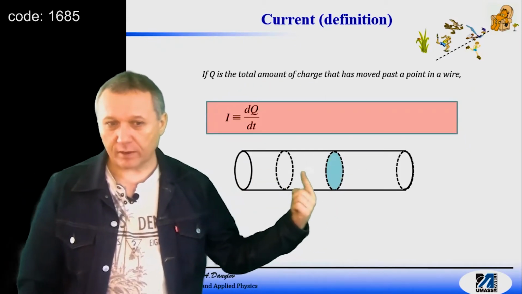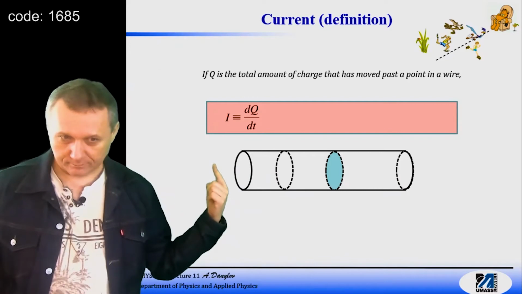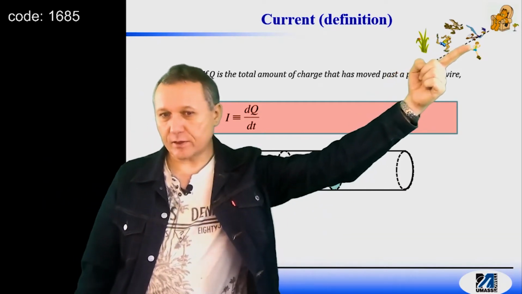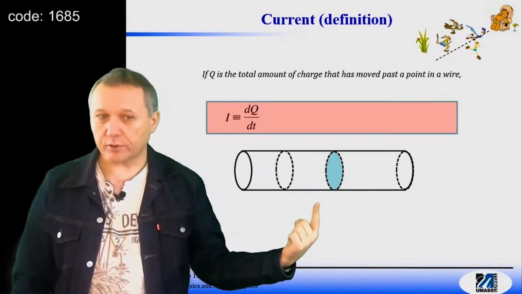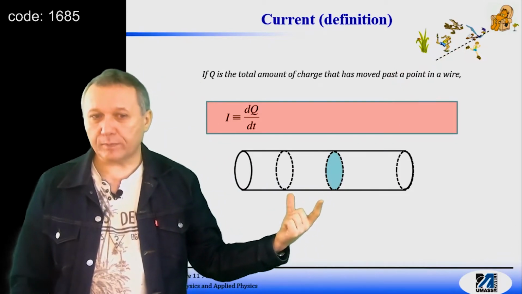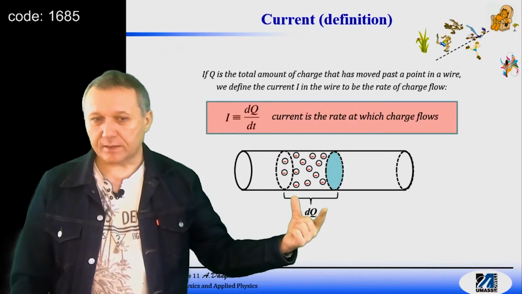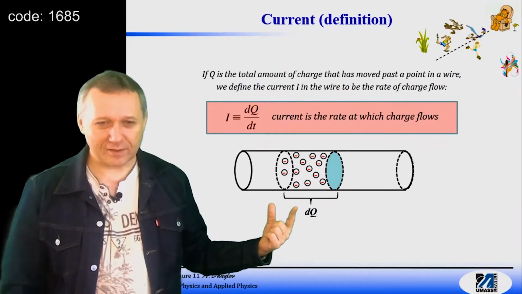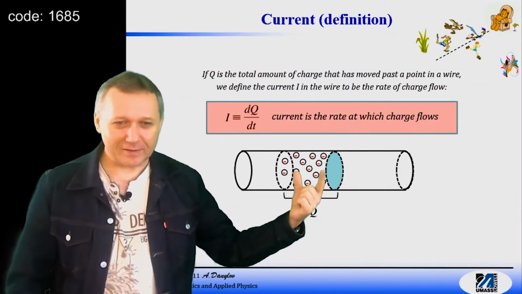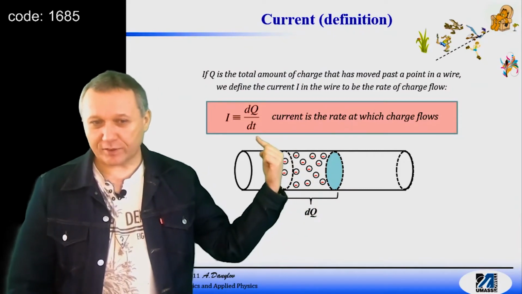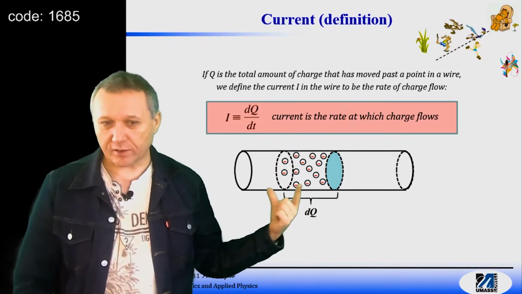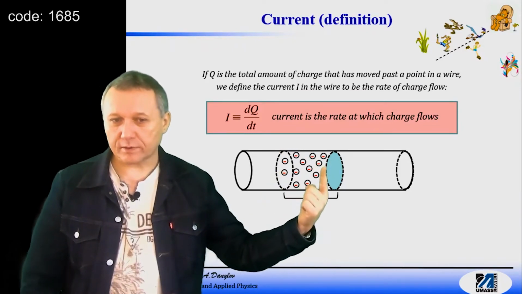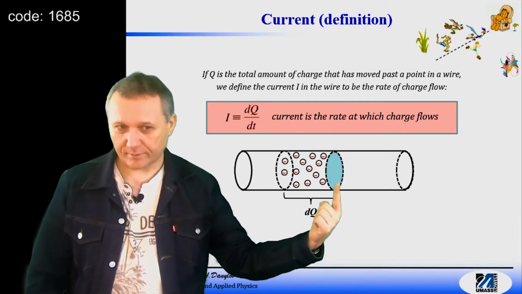As I said, if you have a wire, you imagine a cross-sectional area, like over here, this dashed line, and start counting charges. Let's say over a period of time dt, these charges, you see dq, these electrons, crossed this cross-sectional area.